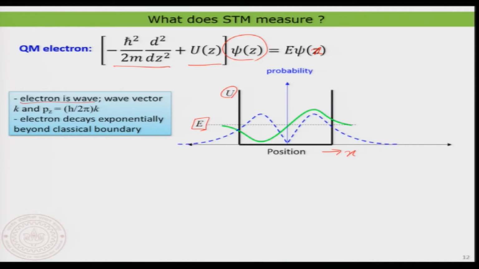So, this is kind of an exaggerated drawing. Do not take it for granted that there is anything scaled here. This is absolutely a non-scaled drawing, but when you look at the probability of this particular wave function that is representing the electron, you would find that the probability is not just 0 outside.